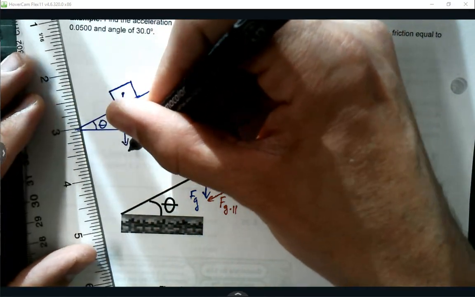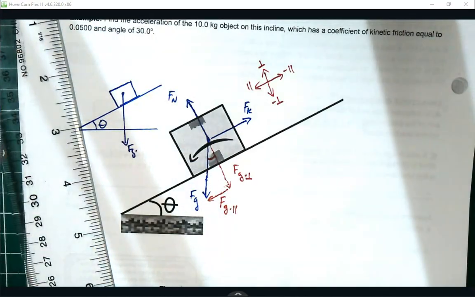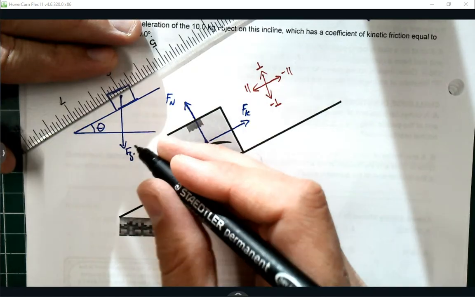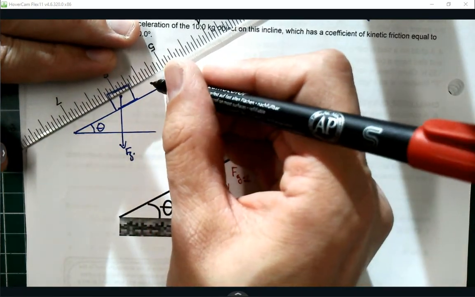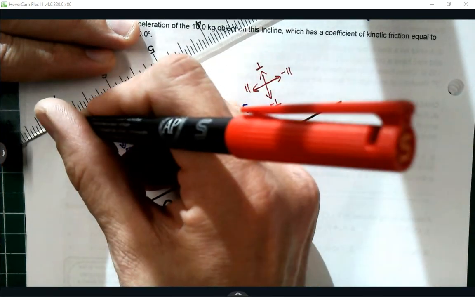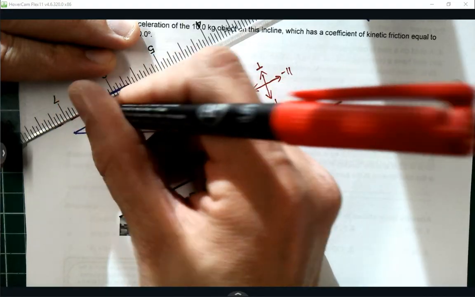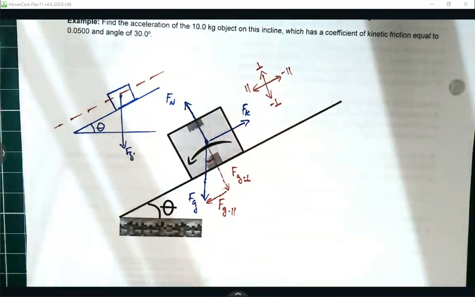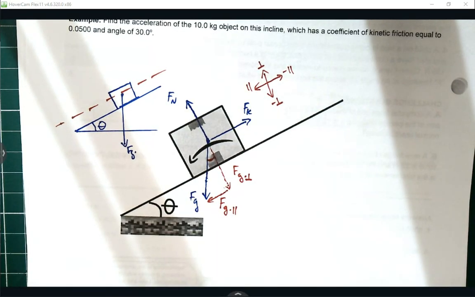Here's my force due to gravity. And then I want to do an offset line, and I'll do the offset line in red. My offset line is parallel to my angle of incline.